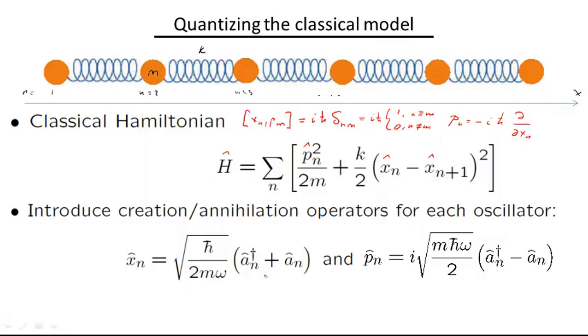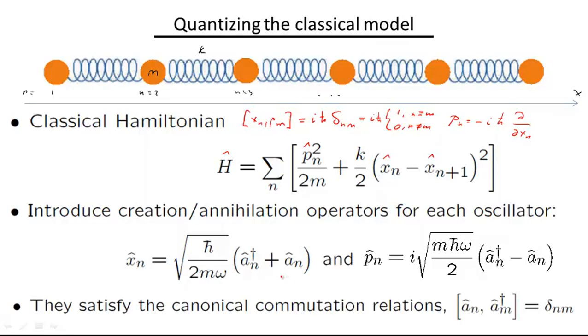And of course these creation and annihilation operators satisfy their own canonical commutation relations as here. They commute with one another, their commutator is equal to 0 if they correspond to different atoms, and otherwise, if they correspond to the same atom, the commutator of a_n with a dagger_n is equal to 1.